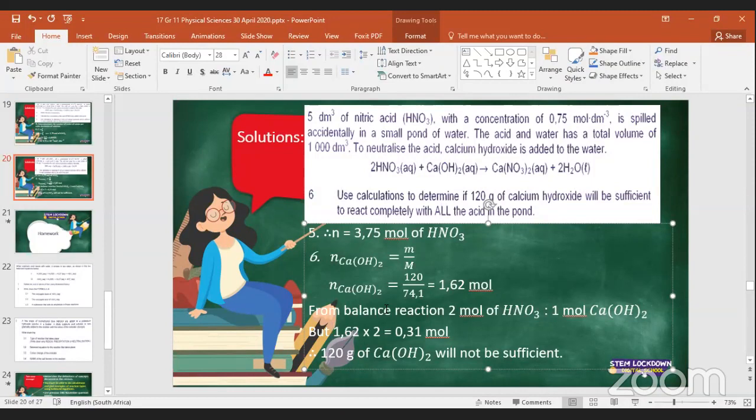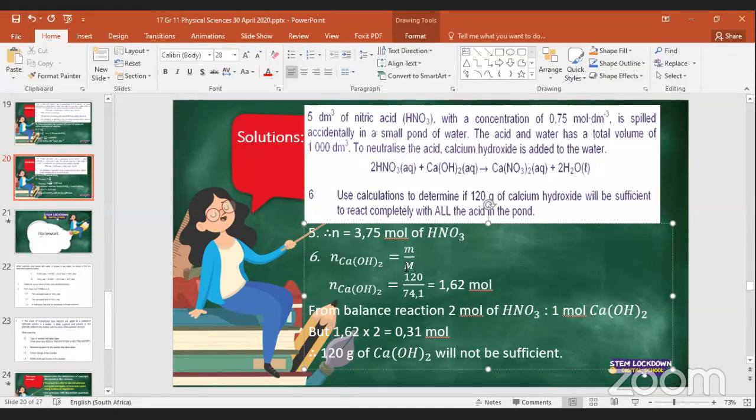So the number of moles of an acid is this one.